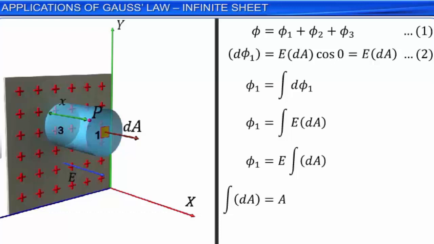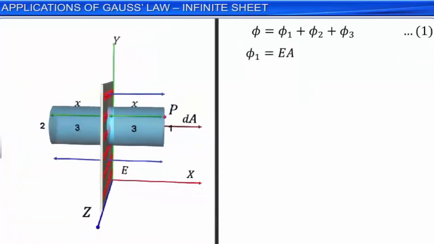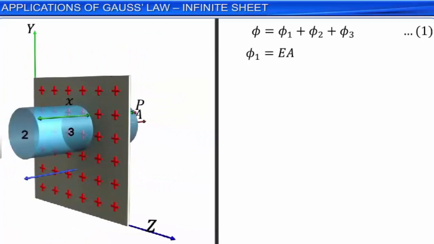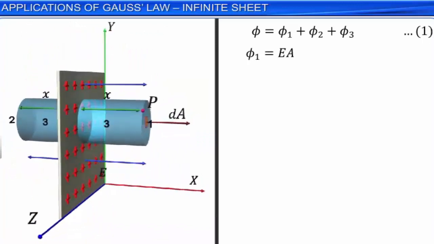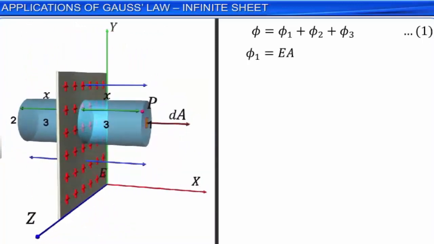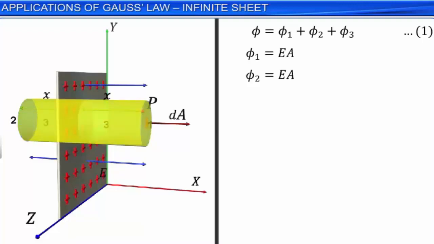Therefore, we get phi1 is equal to EA. Since surface 2 is equivalent in all aspects to surface 1, the electric flux through surface 2, phi2, is also equal to EA.